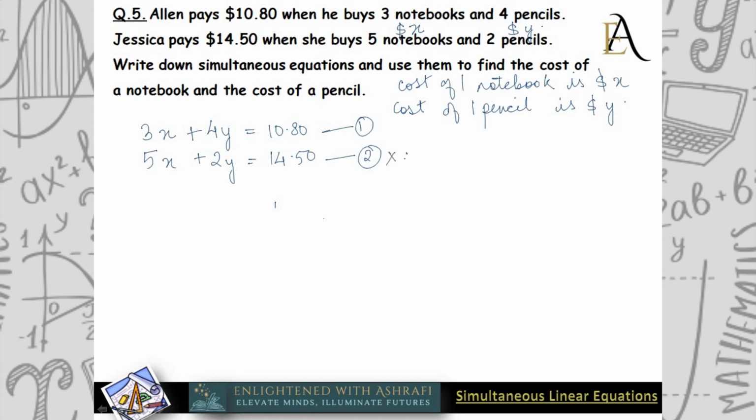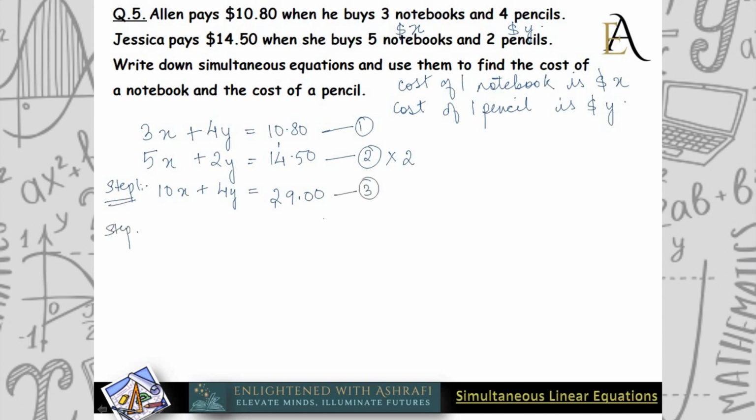Equation 2 can be multiplied by 2, so we get, in step 1, 10x plus 4y equals, 5 twos are 10, 4 twos are 8 plus 1 is 9, 29.00. I hope I'm correct. 8 plus 1 is 9. Yep. Let this be equation 3.